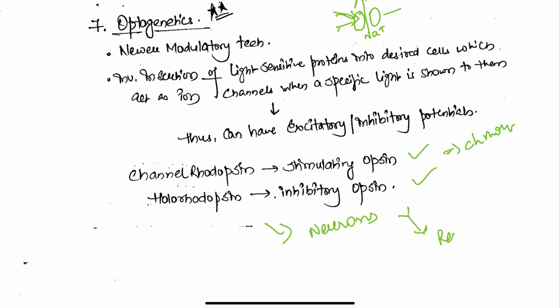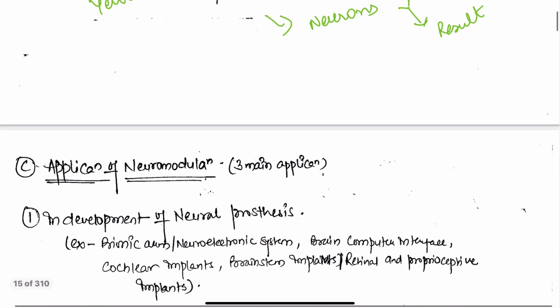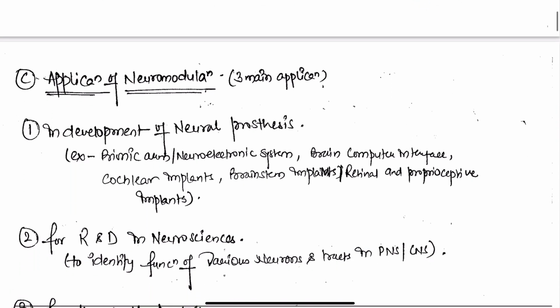That can be studied by using a different light. This is stimulated by blue light and this is by yellow light. So by using different types of light, we can decide whether we want to stimulate a particular neuron or inhibit it.